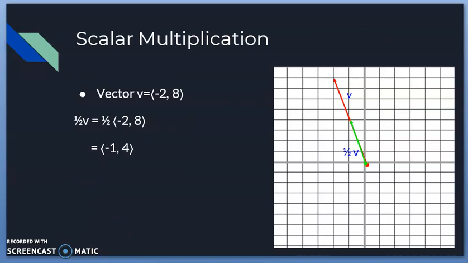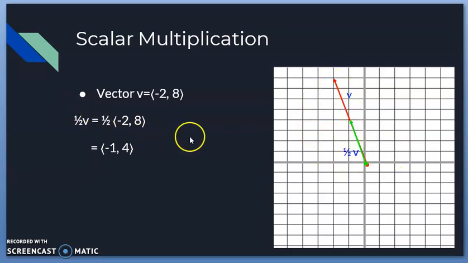Let's get into scalar multiplication. We are given vector v at -2, 8. Recall that a scalar is just something that only has one value, so it's not a vector. In this case, our scalar is 1/2 because we're taking 1/2 of v. So we have vector v here, which starts at the origin and goes up 8 and over to the left 2.